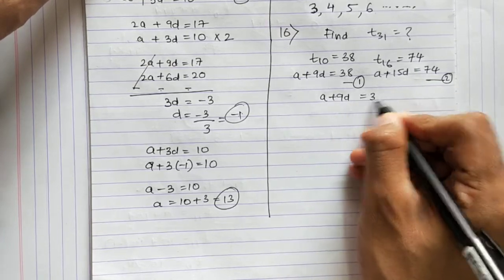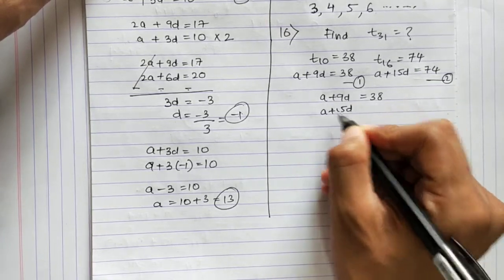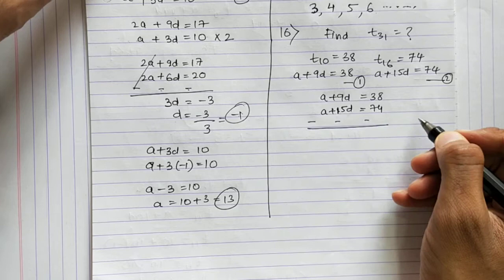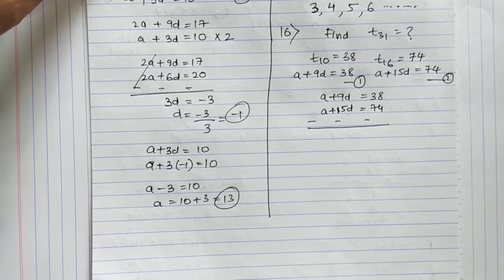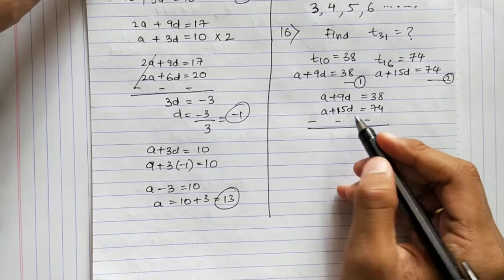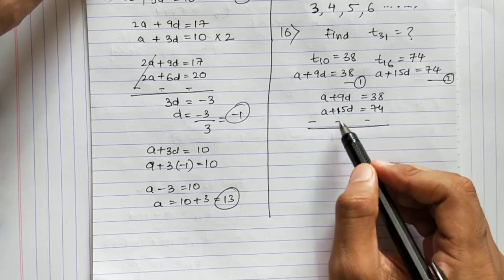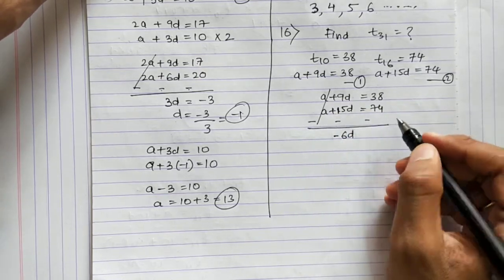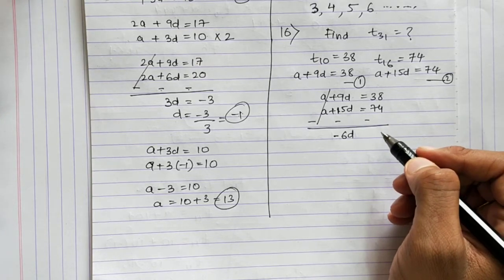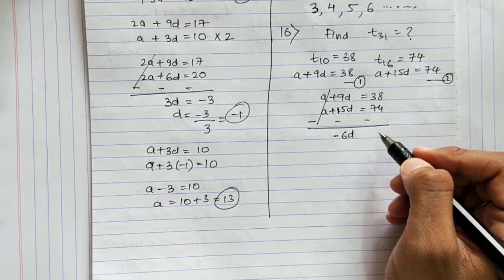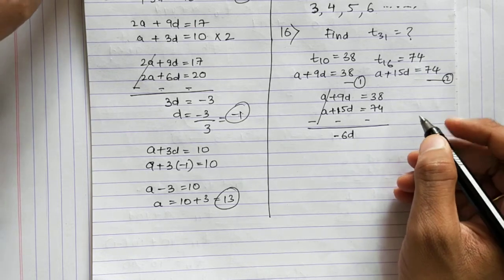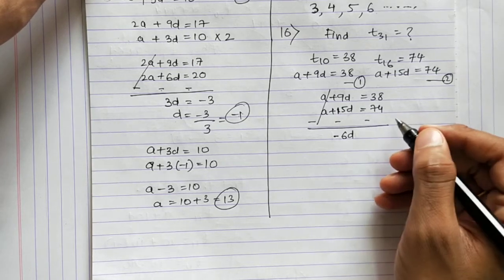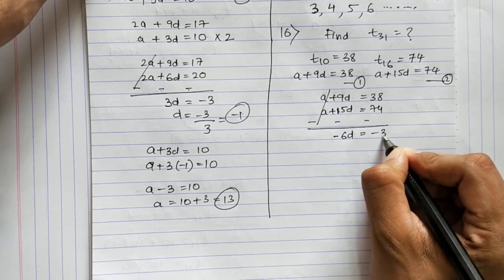a plus 9d equals 38. Same method. 9d minus 15d is minus 6d. a will get cancelled. 38 minus 74 is minus 36.